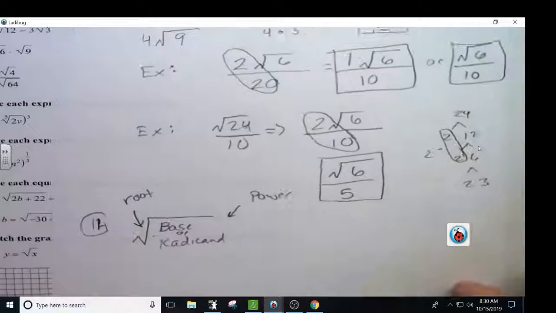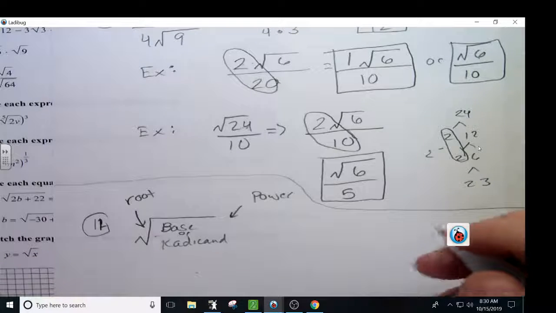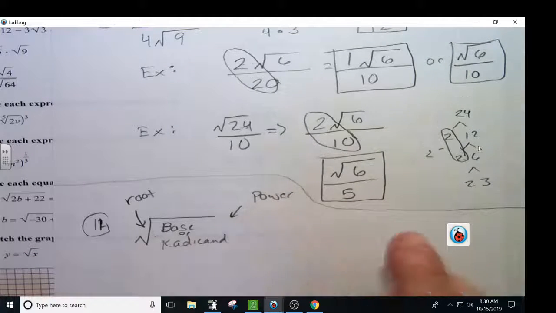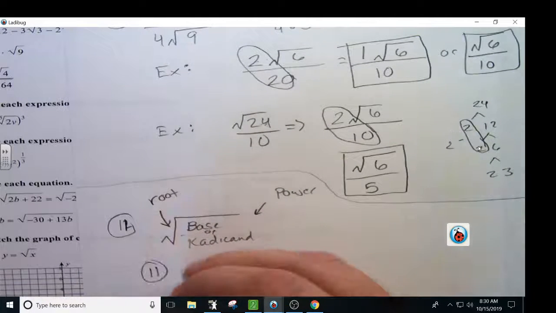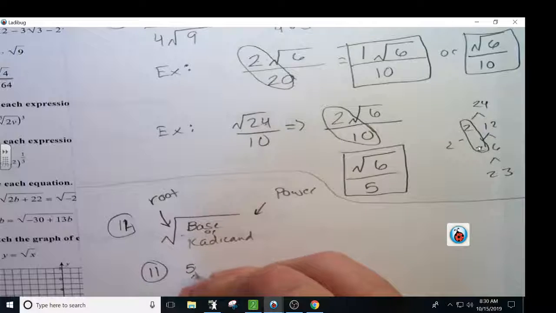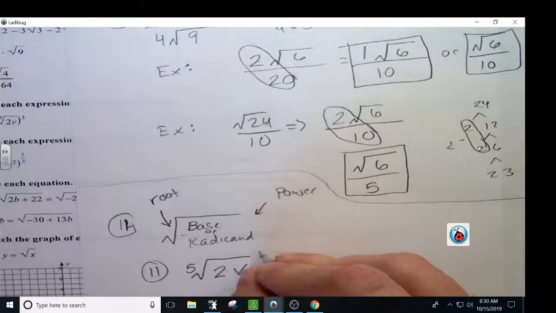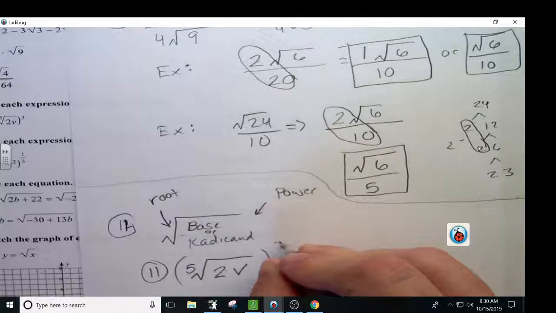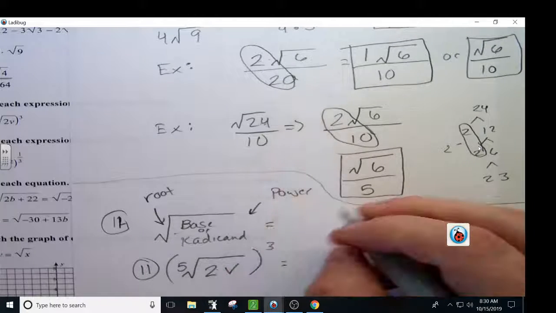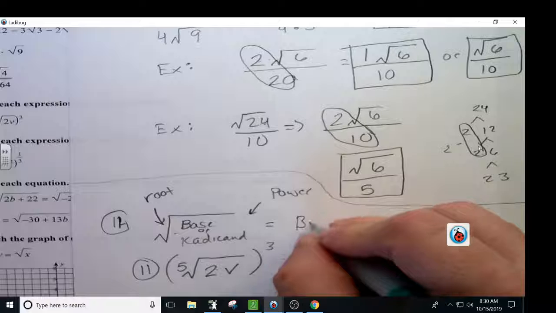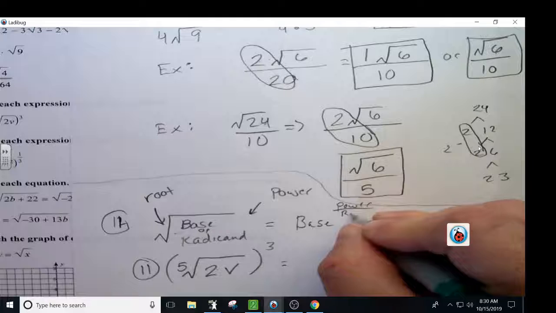All right, now, so to write it in exponential form, say for number 11, you've got the 5th root of 2v cubed. So, guys, what you're going to do here, you're going to switch it up to base, and then you're going to have an exponent of power over root.